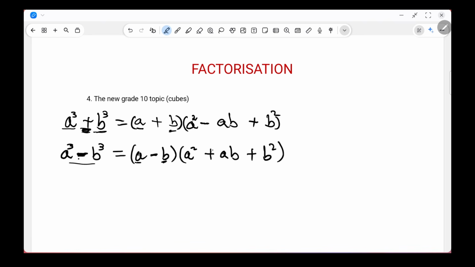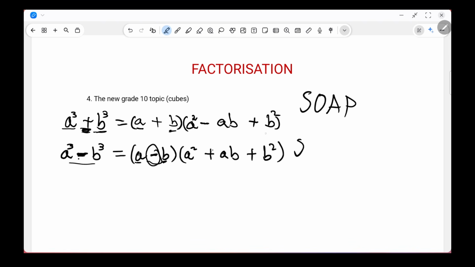To remember this rule, keep this one, SOP, to remember the signs in order. S stands for same sign as the original equation.